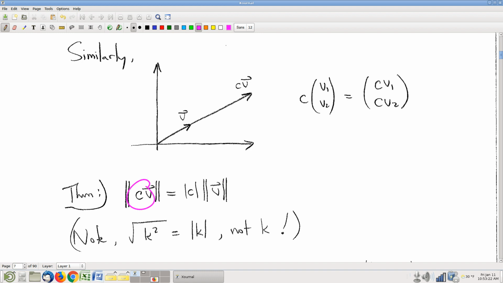Well, we just wrote down a formula for how to evaluate CV, and we have elsewhere a formula for how to evaluate a magnitude. So all the objects in this candidate statement, this theorem that we want to prove, are well defined. So this is just a matter of cranking out the algebra.